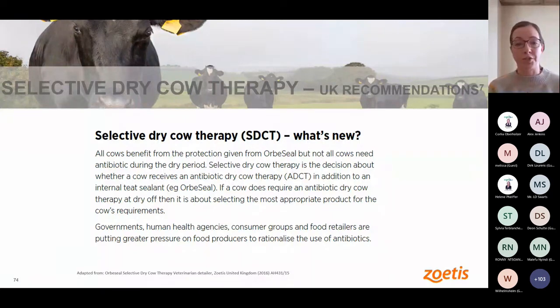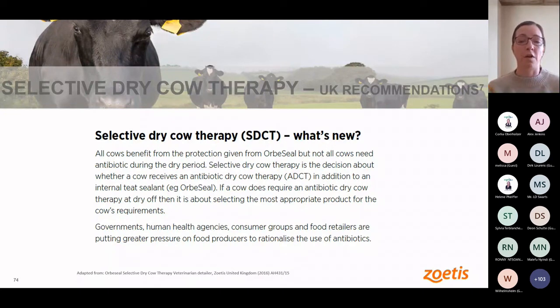So there's quite a lot to consider, and it is quite a bit more admin, but you would then be a very good antibiotic steward when it comes to selective dry cow therapy, especially given the pressure of antibiotic resistance, antimicrobial resistance, that everyone across the world is experiencing.